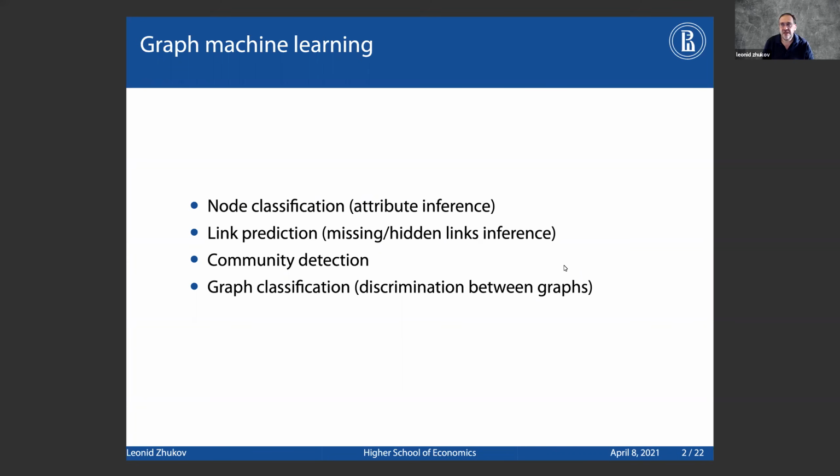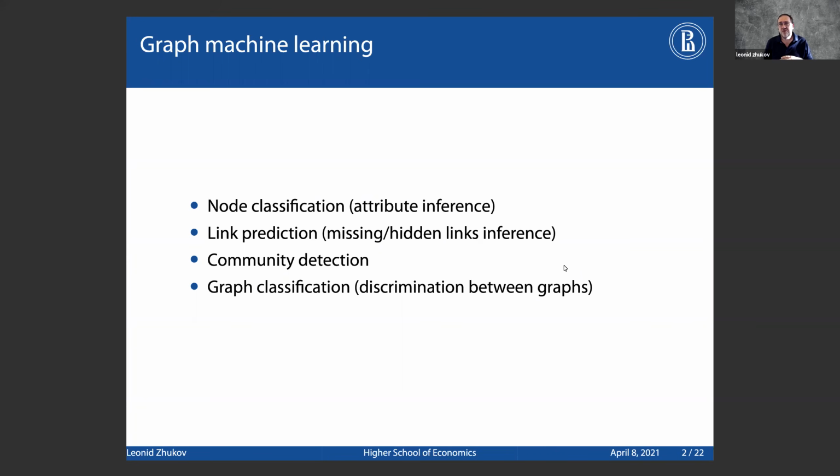You can also use this, and say Facebook or LinkedIn uses that as a friend suggestion service, which is in fact just a link prediction, right? So which two nodes have to be connected, and so that can predict your friends.